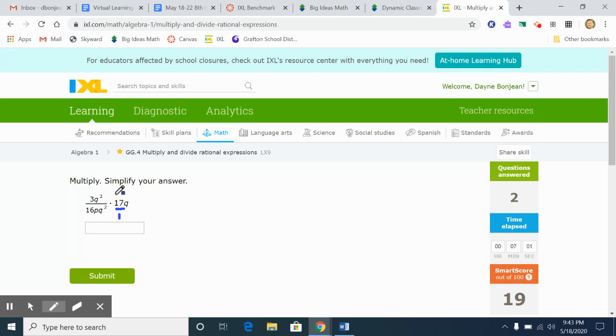That's going to give us 51. So here's what I'm going to be left with on the top, 51, and then I have q squared times q. That would leave me with 3 q's. And this is over 16. There's a p on the bottom, and then there are 2 q's on the bottom.